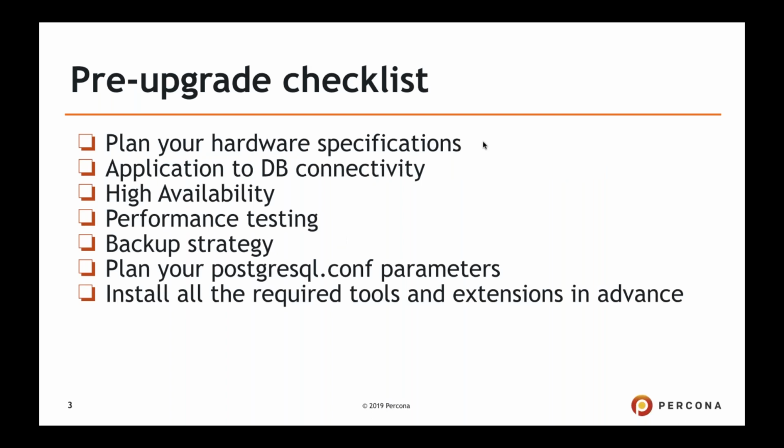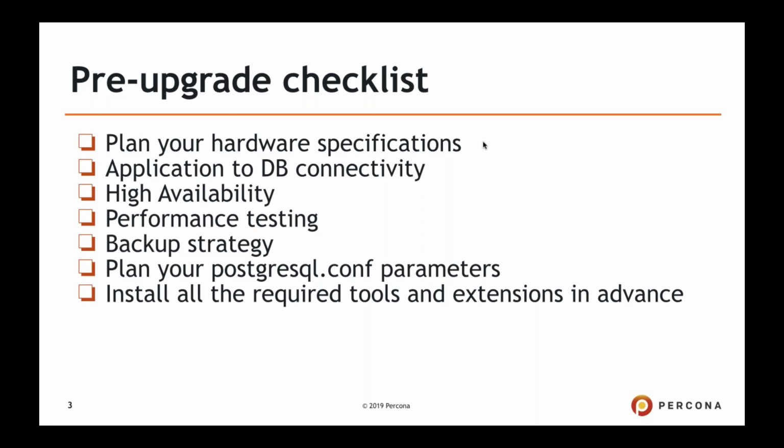So what is a checklist? When you know that there is a specific method you could use to proceed with a PostgreSQL upgrade, and you tested it and everything is working fine, you always ensure that you check if your hardware is fine before even proceeding with the upgrade. What I mean by that is that your hardware may be overutilized or underutilized, right?